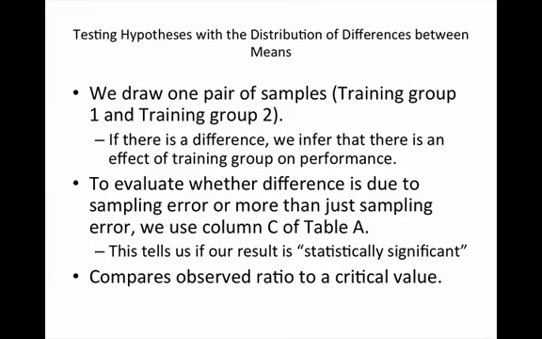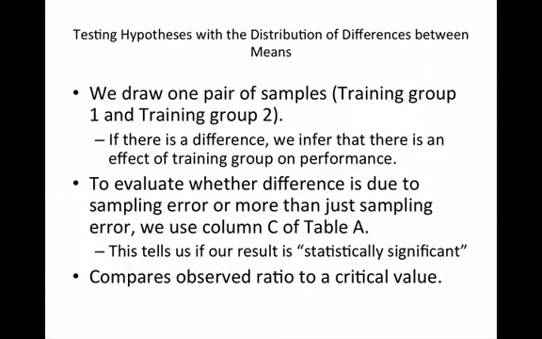The point is that once I start testing hypotheses, I draw one pair of samples, like if I draw a training group 1 and training group 2. If there is a difference that I observe, I infer that there's a difference between those groups that's based on the training group.